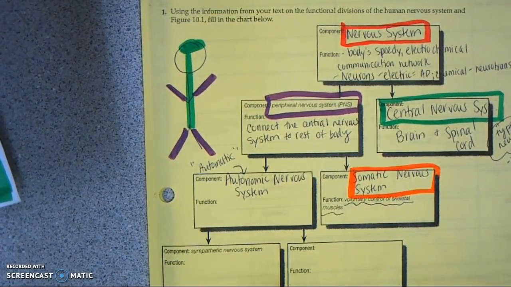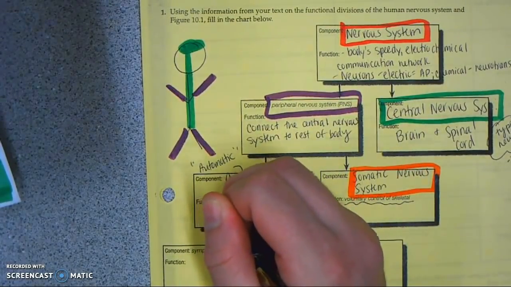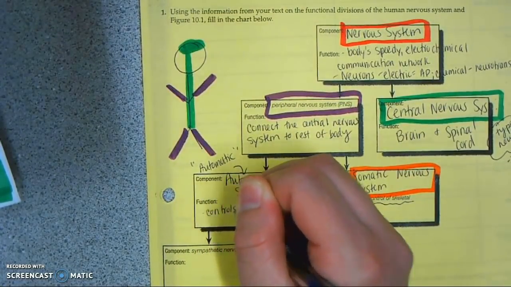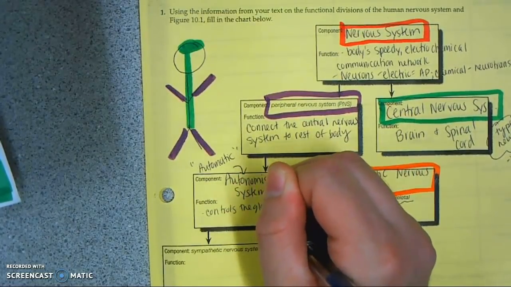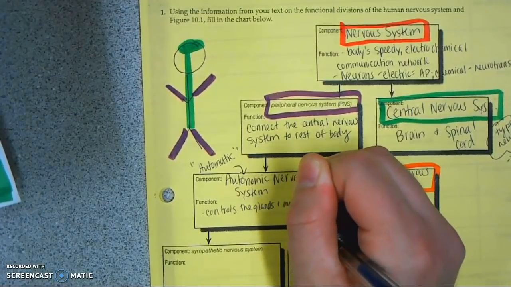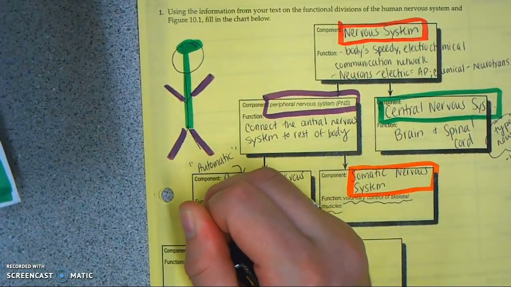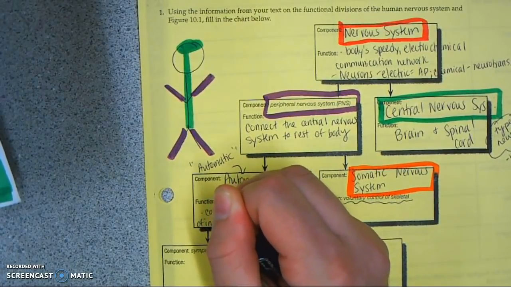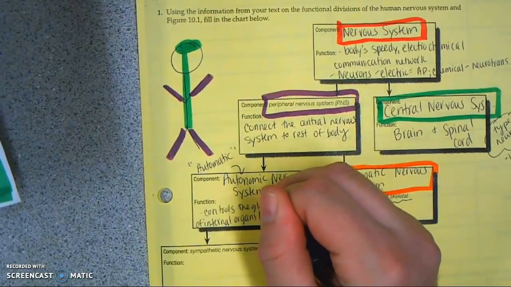This part of the peripheral nervous system controls the glands and muscles of internal organs, such as the heart.